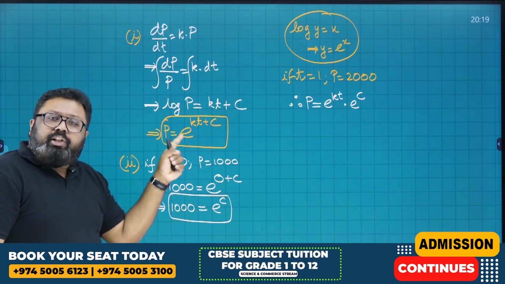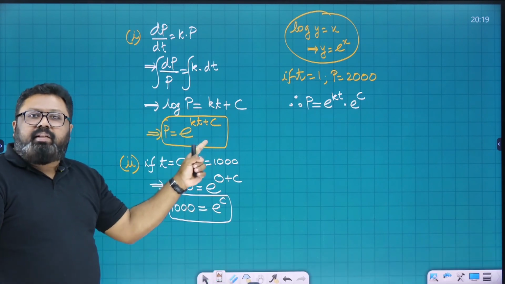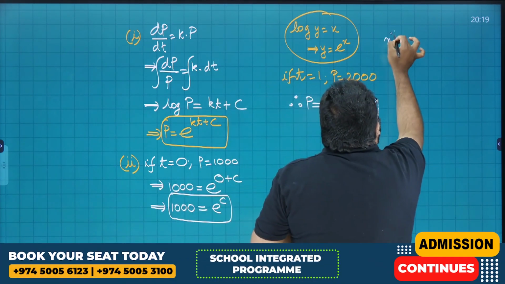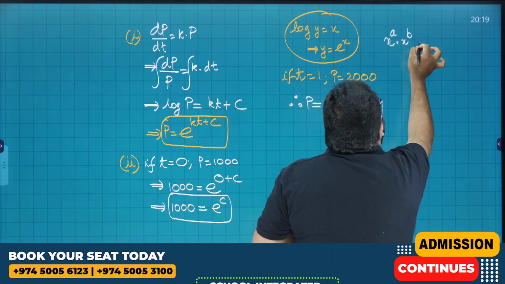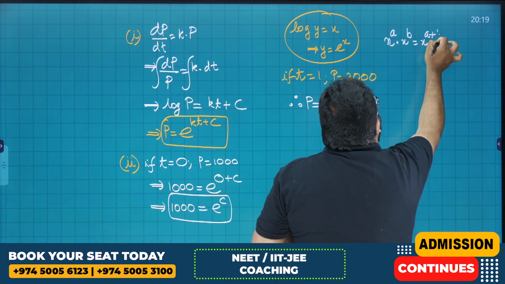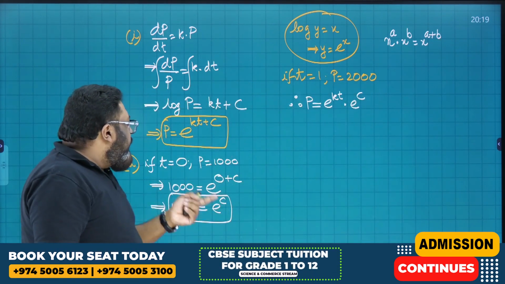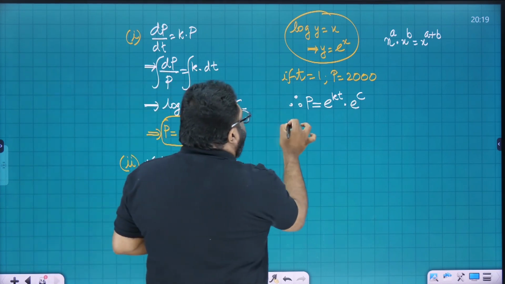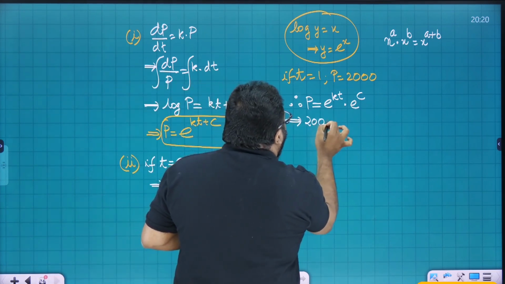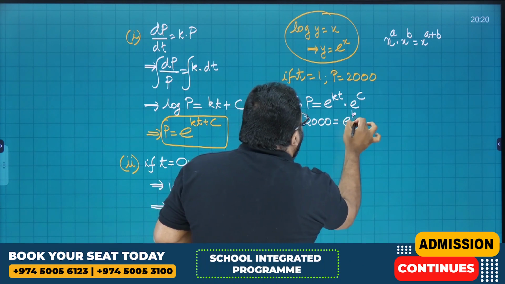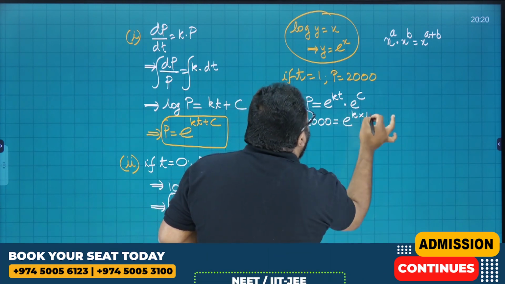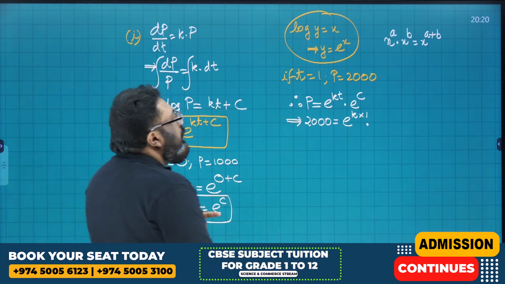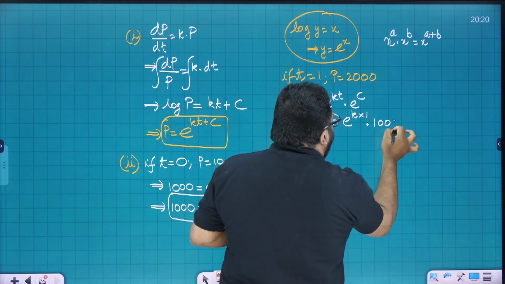Exponential law: x raised to a plus b is always x raised to a into x raised to b. The base is same, you add the powers. So e raised to kt plus c is e raised to kt into e raised to c. They are saying p is 2000, e raised to k into 1, t is 1, and e raised to c is 1000.